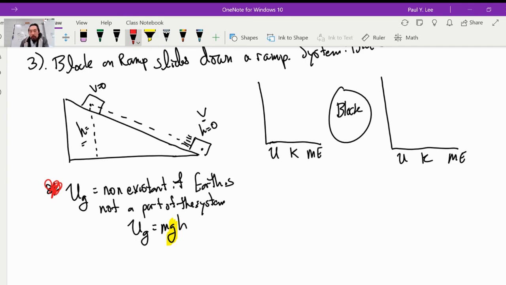All right, so here we start off with no gravitational potential energy. We're not moving, so there's no kinetic energy, and therefore there's no mechanical energy. But at the end, yeah, we're moving, okay? We still don't have any gravitational potential energy, but we do have some amount of mechanical energy. So now you've got to ask, okay, well, how do we gain this energy?